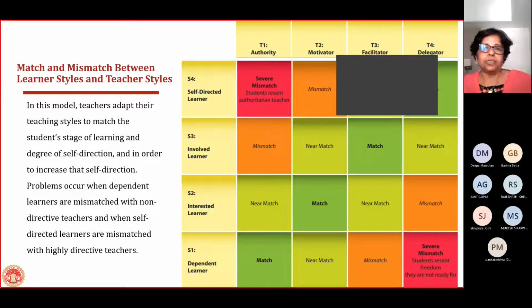So it's important that you modulate and calibrate your teaching style or facilitation style according to the participants in your workshop. It's very important to gauge what kind of learner styles the participants in your group have, and accordingly adapt to that situation. That is one of the key skills you will need to develop as a facilitator.